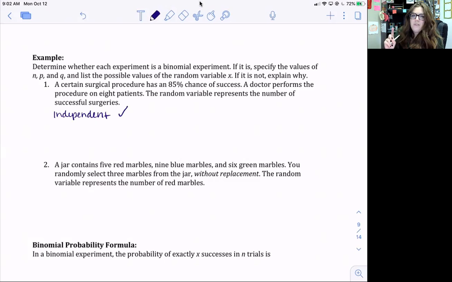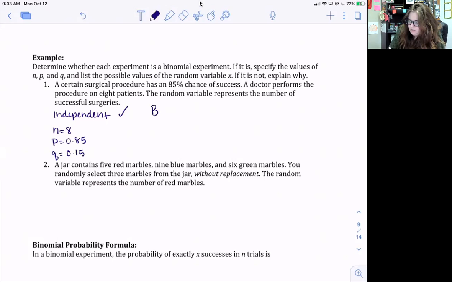We're looking at a total of 8 patients. That would be our n value. The probability of success is 0.85, and that success is whether or not they have a successful surgery. So it is binomial, yes or no. Our q value is 0.15.